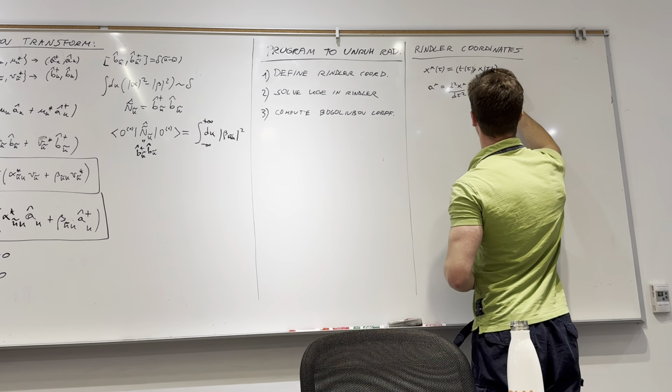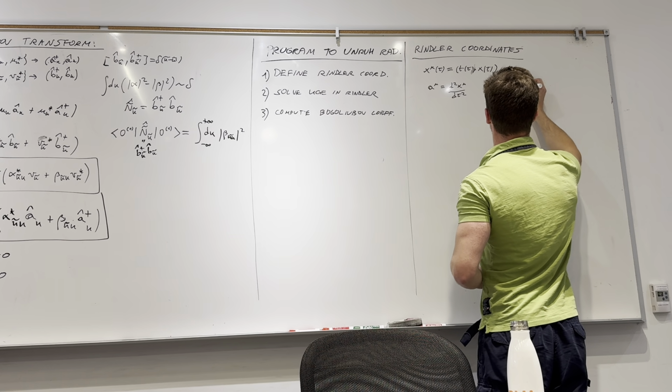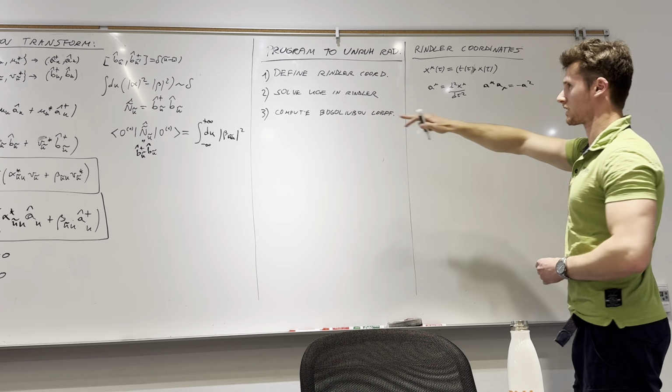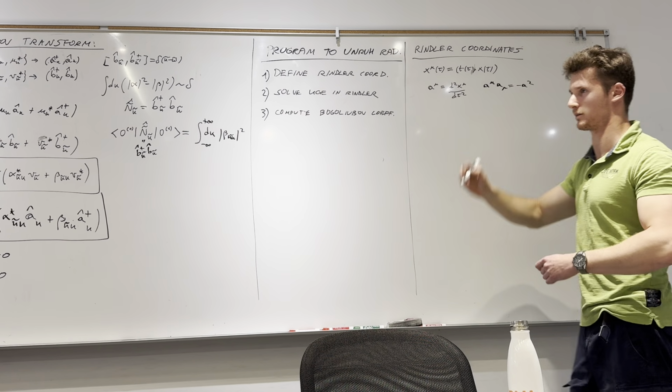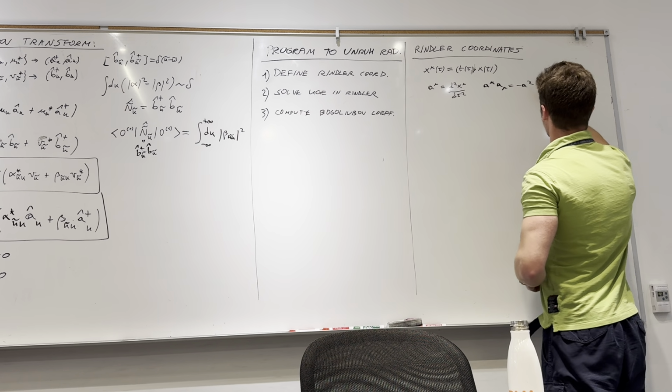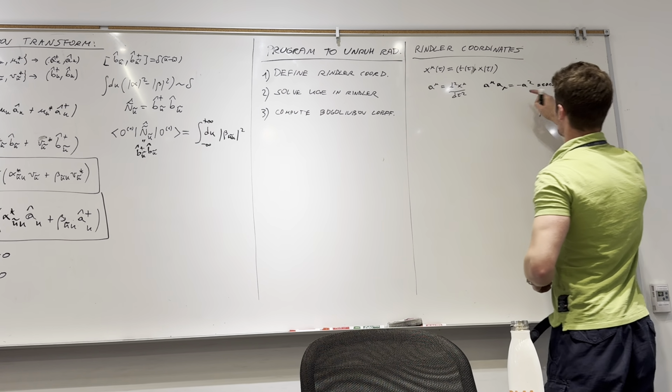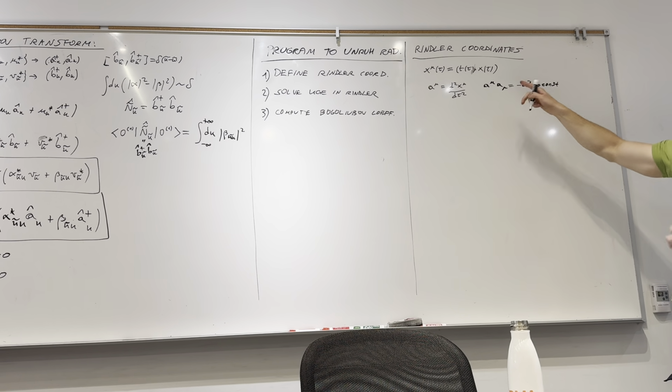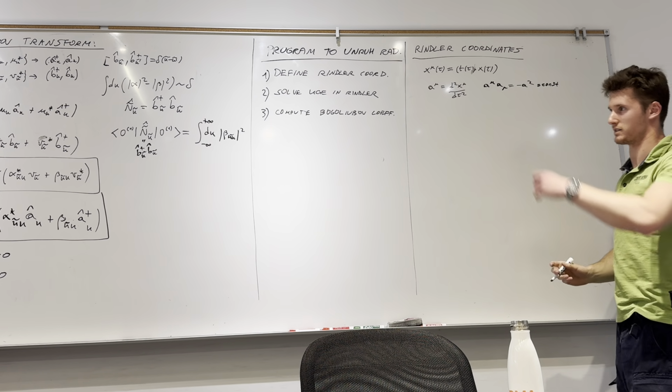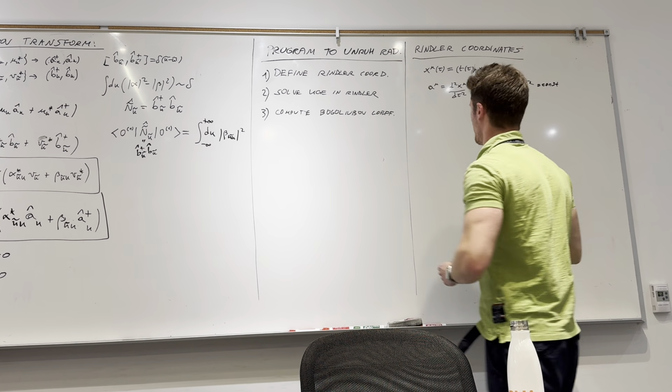So a mu a mu is equal to minus a squared. This minus is coming from the signature that I chose, which is plus minus. So this guy is constant. And this is the only parameter that we have in our model, basically, so far, because mass is 0, and so it just depends on a.